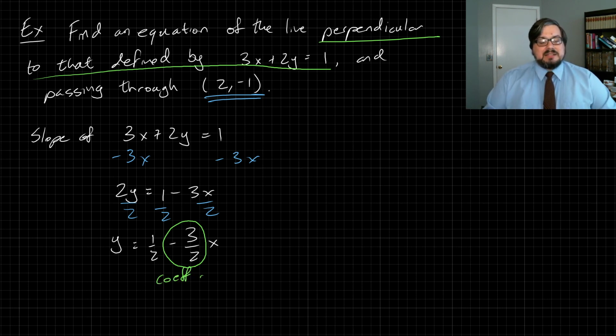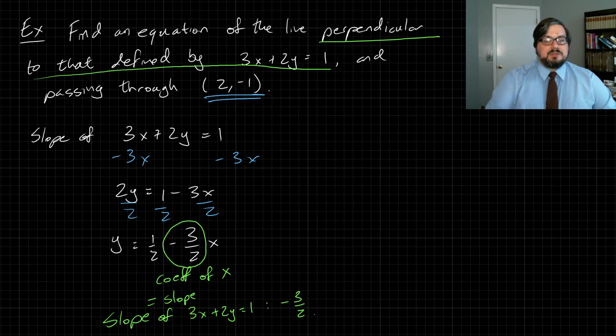The thing to remember is that the coefficient of x, which includes any negatives in front of it, is always equal to the slope. So that means that the slope of this line, 3x plus 2y equals 1, is -3/2.